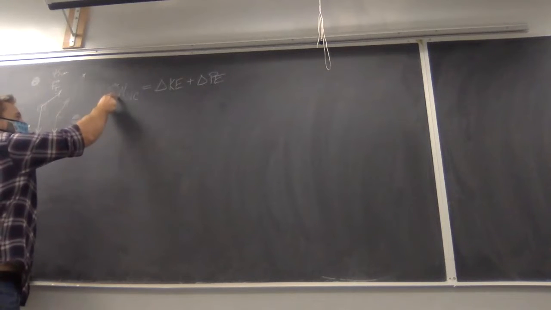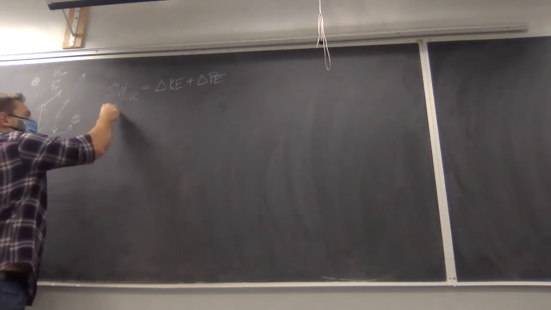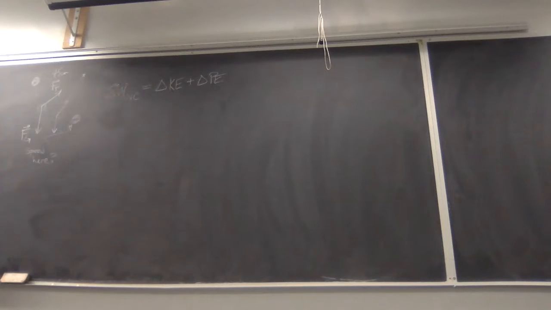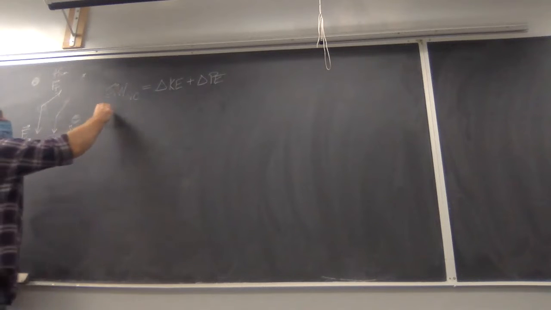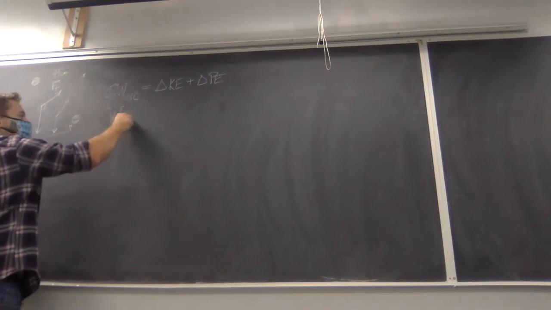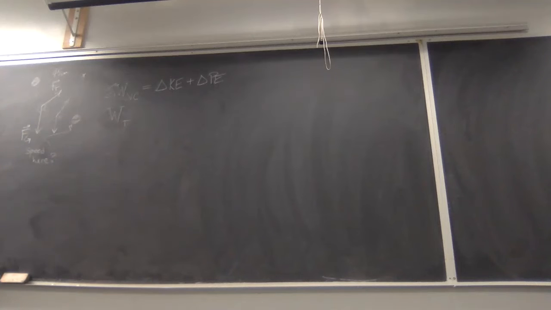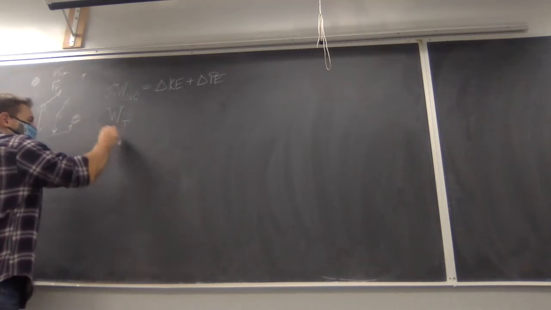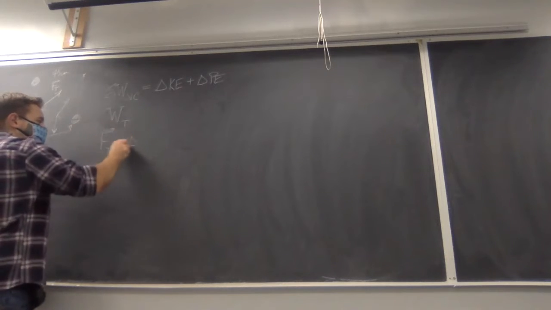I'm a little bit nervous about this. The sum of all the non-conservative work: there's only one force doing non-conservative work, and that's tension. The work done by tension, which by definition has a directional thing, is a dot product. This should be the force of tension dot the displacement.